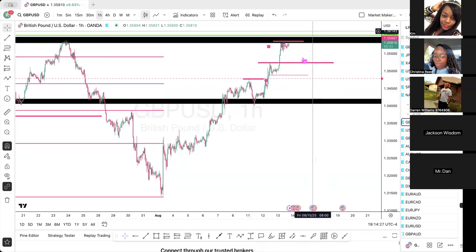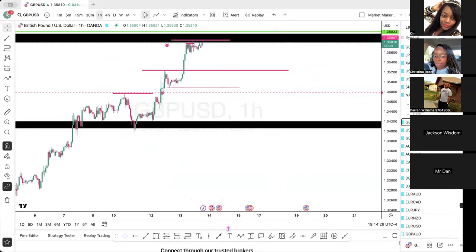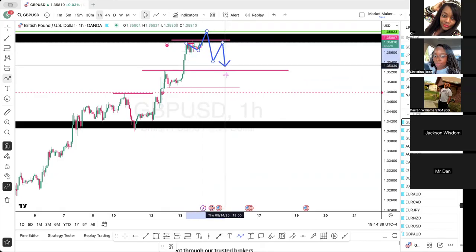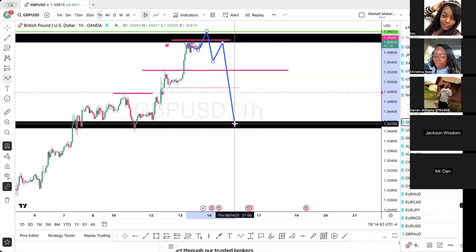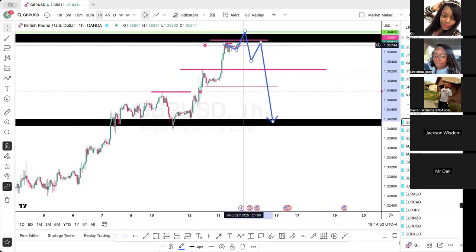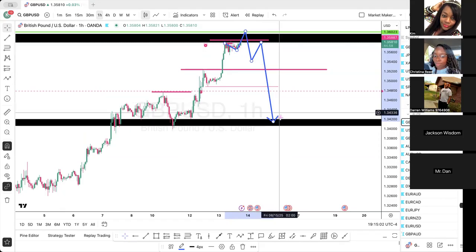So if price pushes, if price gives me this here, and then pulls back in and breaks this low, then I'm expecting to sell it from here to back here. Now, when I mark up my zones, I'm telling you, if you try it out, it always pulls back to the zone.